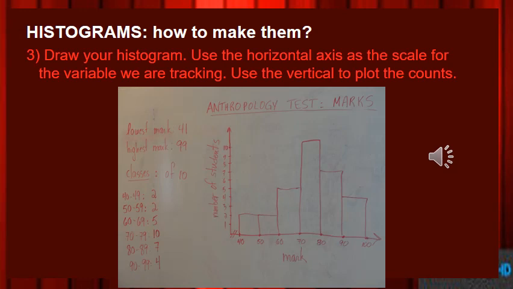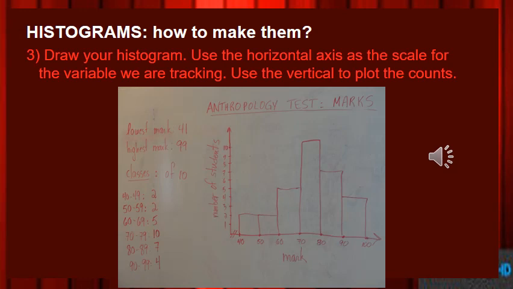When I put my numbers below my x-axis, I can go simple and only use round numbers. It's okay here. I could also write for my class on the left 40 to 49 and then 50 to 59, but I can also write, as I did here, 40, 50, 60, 70, and so on. I have to give titles to each of my axes.